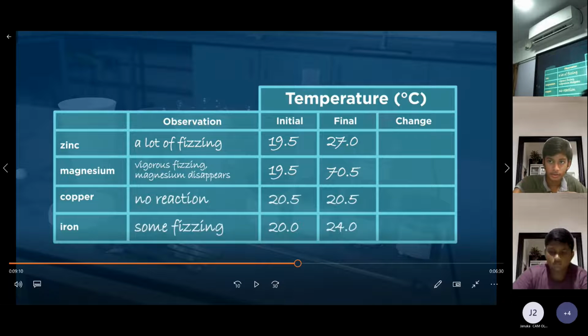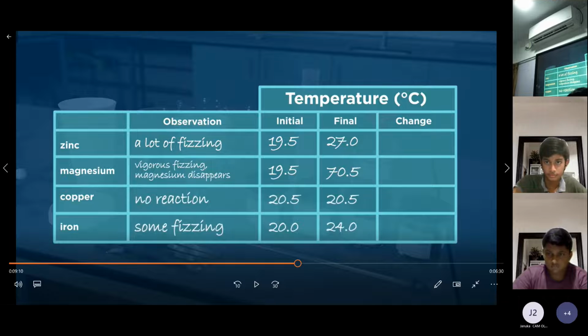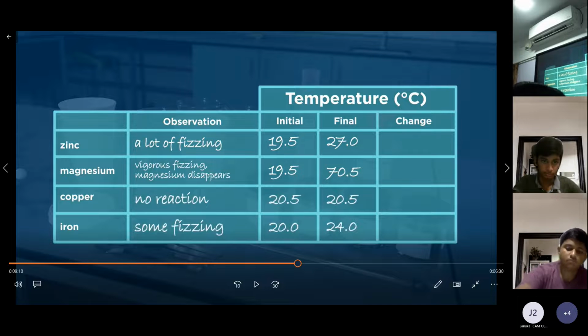It's a group 2 metal. No, I'm not asking to explain why. I'm asking why do you decide it is the most reactive in this case? One evidence is vigorous fizzing. The other evidence is temperature change. Look at the temperature change. It will give the largest temperature change.